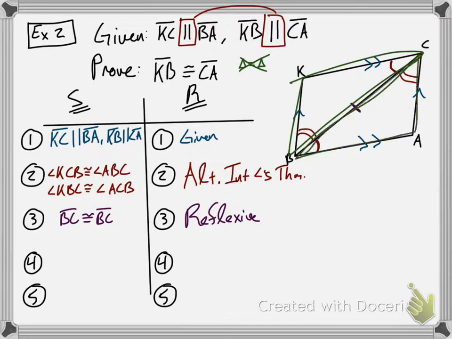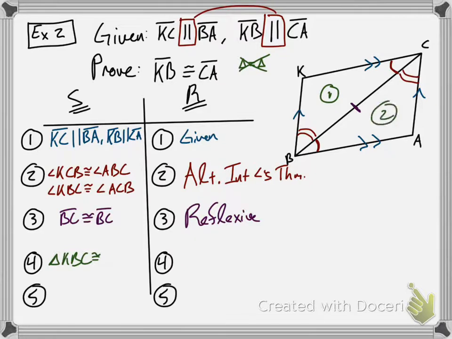So we got to prove the triangles are congruent first before we use CPCTC. So we'll call this triangle 1 here. We have triangle KBC is congruent to our second triangle, which would be ACB. And that is through our angle side angle shortcut. We have two angles and an included side. So I have ASA here.